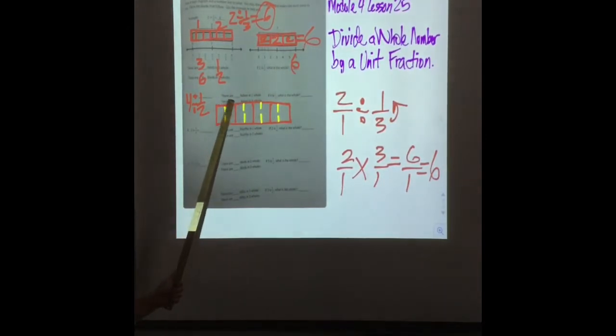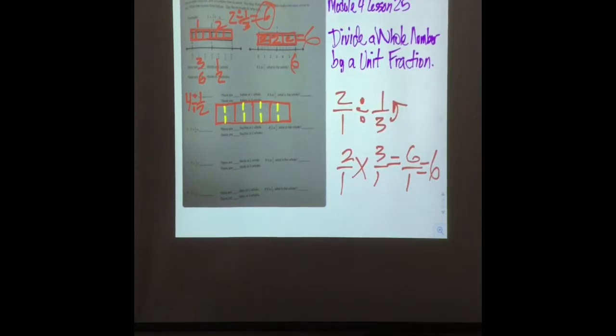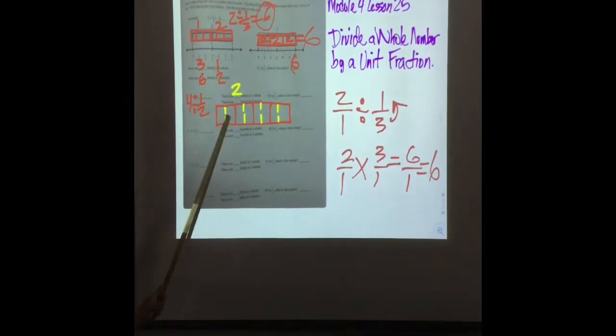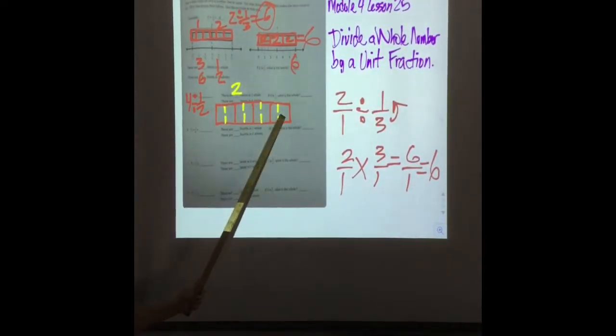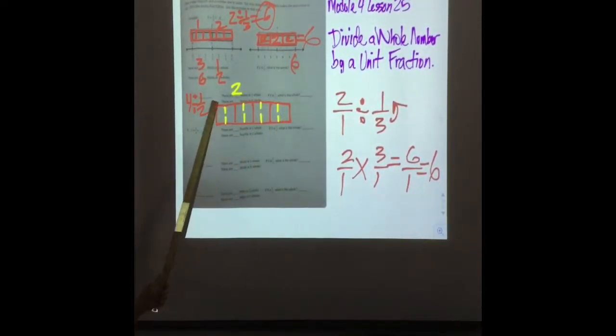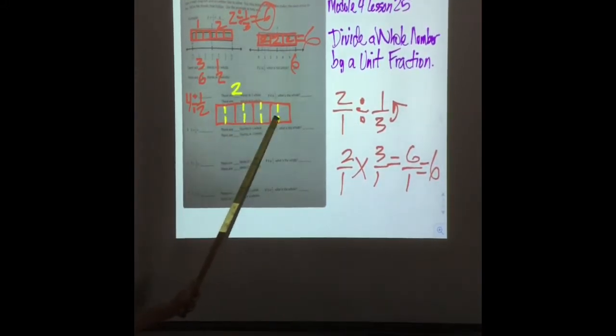So how many halves do I have in one whole? I have 2 halves, right? 1, 2 in one whole box. And I have 4 whole boxes, right? So the question is, how many halves are in 4 whole boxes?